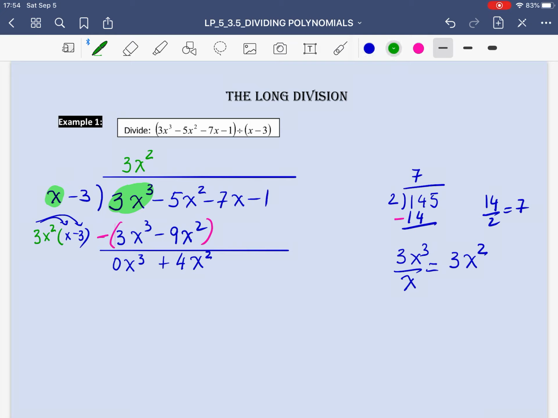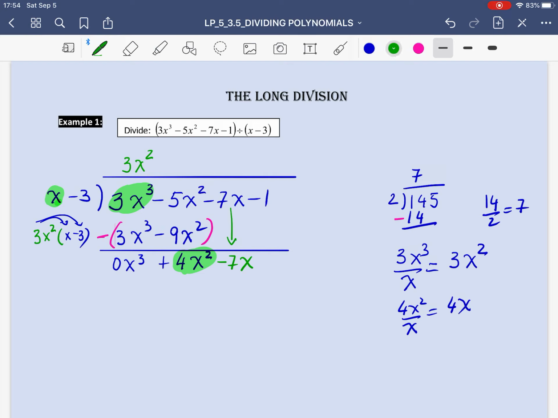Now it's time to bring down the next term. The next term is negative 7x. And the strategy will be the same again. So we have to figure out how many times x will go into the first term of the polynomial. So x goes into 4x squared 4x times.